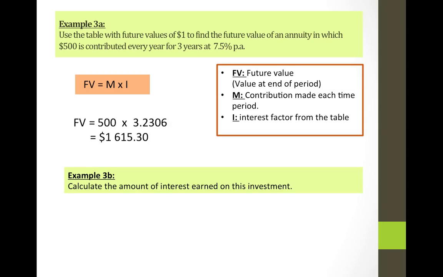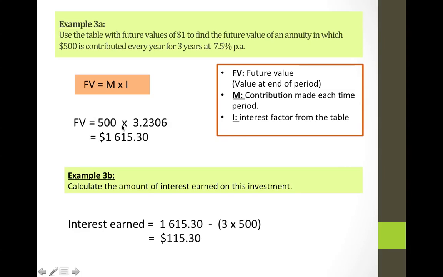If I now want to know what's the amount of interest that I've earned on this investment, I invested $500 3 times. So I can take the future value, $1,615.30, minus my investment of 3 times 500. So the interest earned on this investment is $115.30.